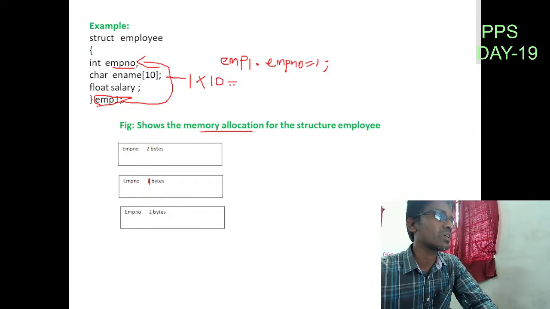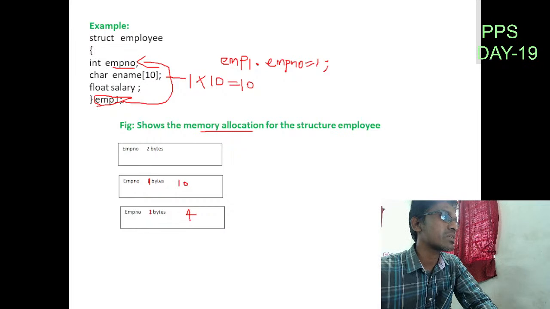That is equal to 10 bytes of memory allocated for the employee name. And the float, which is the salary, occupies 4 bytes of memory.